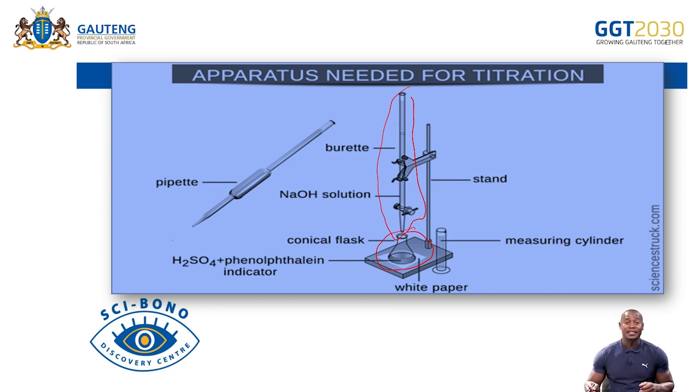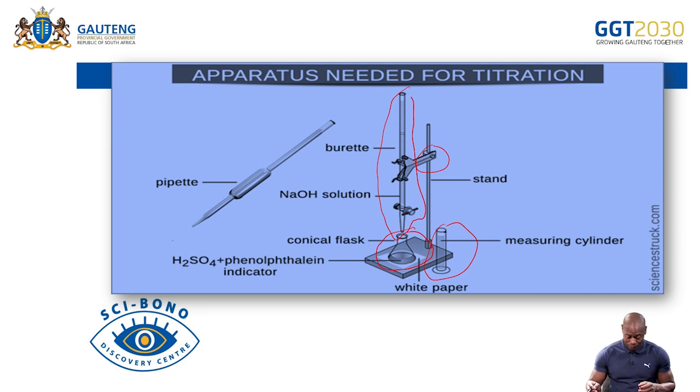We need a measuring cylinder. So this is a measuring cylinder. We need a retort stand with a clamp. So this is a retort stand, and you can see there is a clamp there. It's another apparatus that we need.